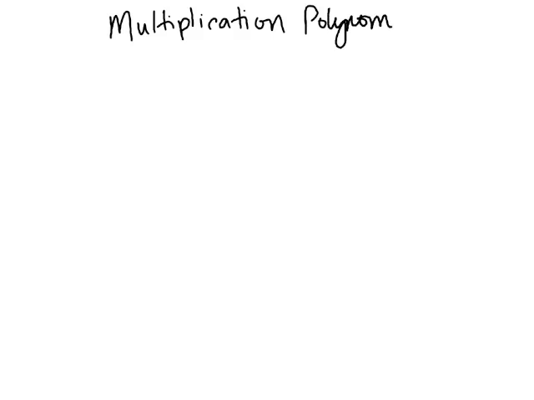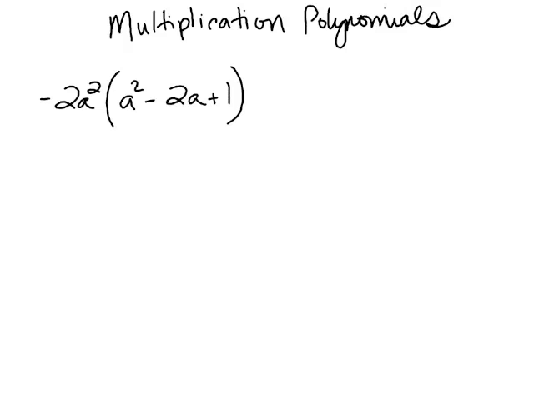So now we're going to talk about multiplication of polynomials. Alright, my first example is negative 2a squared times a squared minus 2a plus 1.